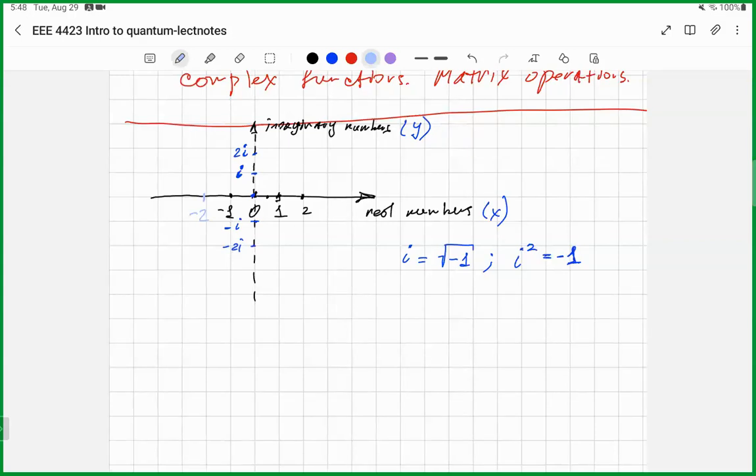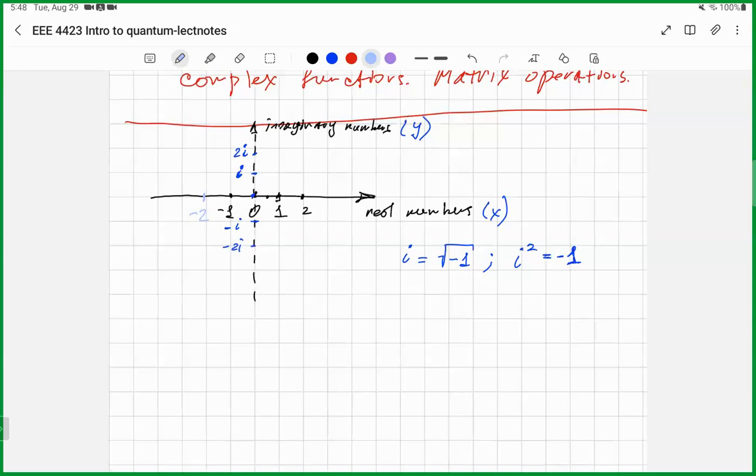At some point we realized that it's not enough to have only real numbers, positive or negative, and we need to bring in other numbers, and these numbers are called complex numbers. So the complex number is the composition of both a real and an imaginary number.